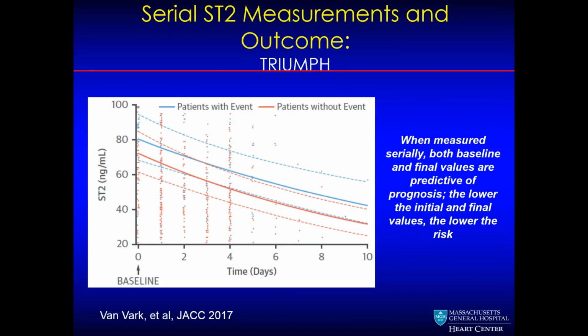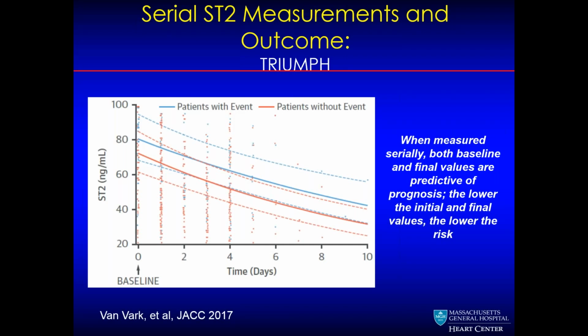And what the TRIUMPH investigators found was that either at baseline or by 1 week or so, 7 to 10 days after admission, patients that were likely to suffer a heart failure event or death by 6 to 12 months after admission, those patients that were more likely to suffer a complication had higher values on admission, but also had higher values at discharge. So serial testing in particular identifies high-risk patients at discharge where the discharge value was actually a stronger predictor of outcomes than the baseline.